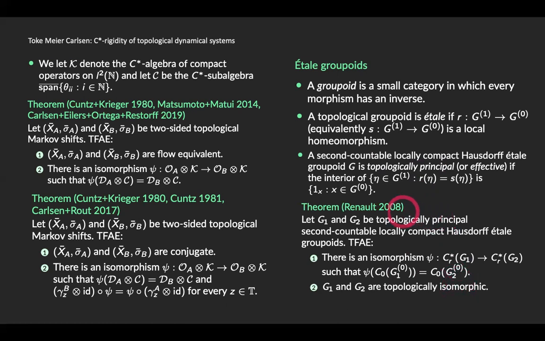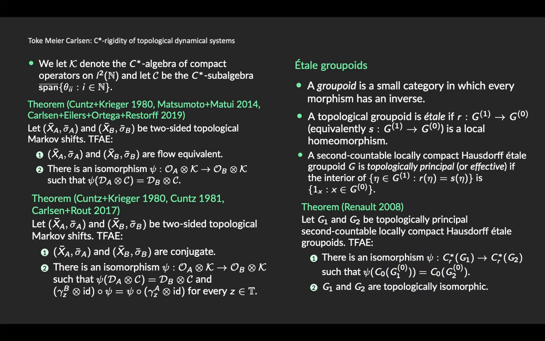Let me just briefly tell you about how this result is proven. What Renault did was to construct, from a pair consisting of a C-star algebra and an abelian C-star subalgebra, a groupoid that is known as the Weyl groupoid.